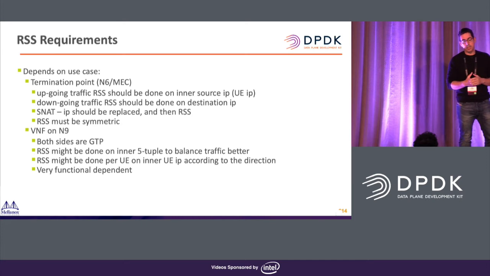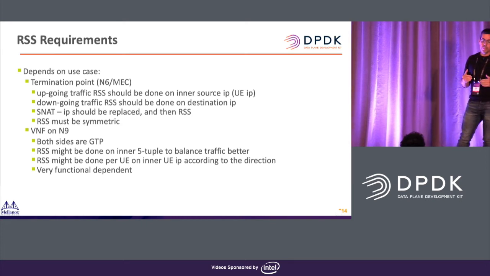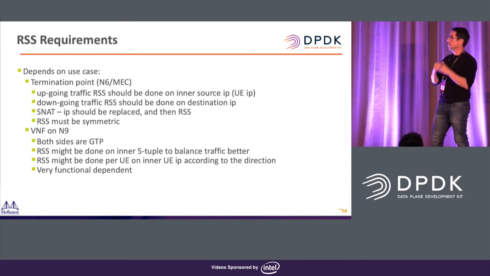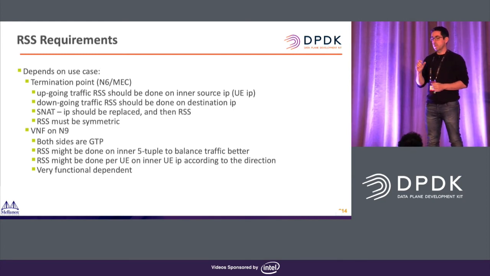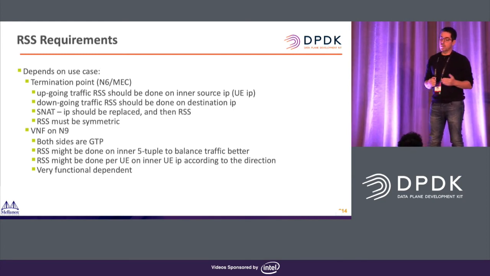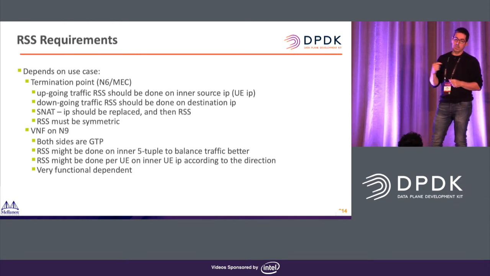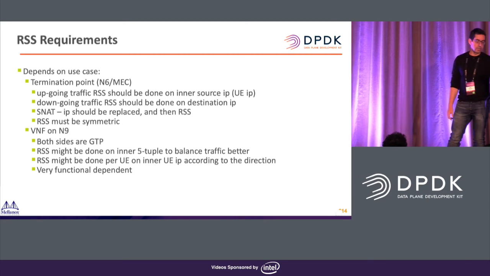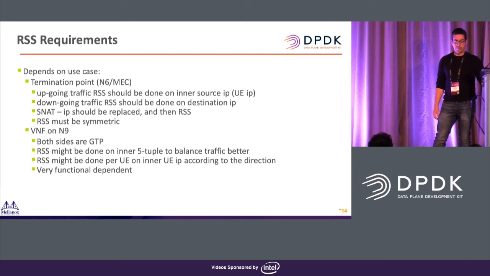Another use case is the N9 interface. In this case, both directions are GTP. You want to do the RSS on one side on the inner source IP, and on the other side on the inner destination IP.